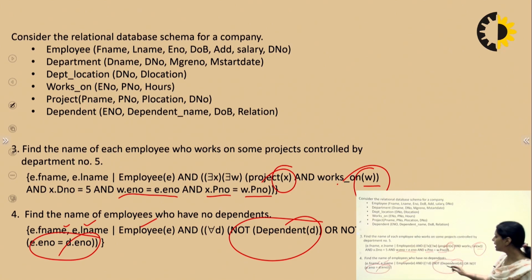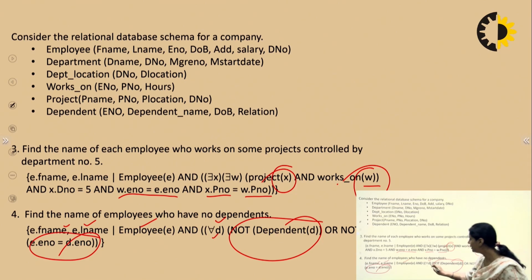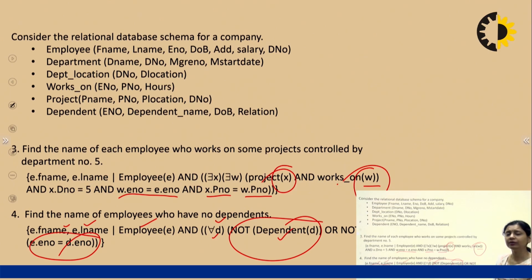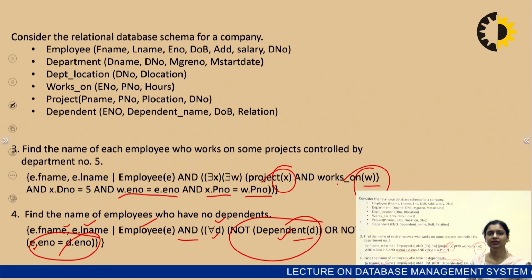With this, we have this for all, because when we are working on OR and we are identifying this for all, in that case, we'll be working either with the people who do not have any dependents, or where the employees and the dependents do not have any relation with each other.